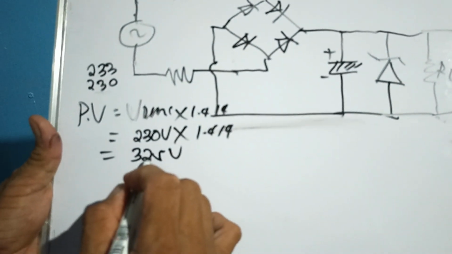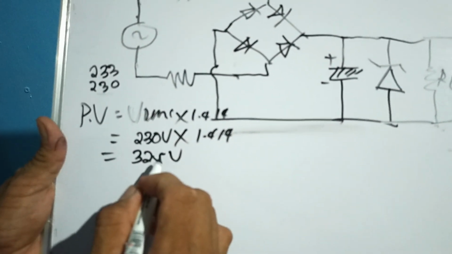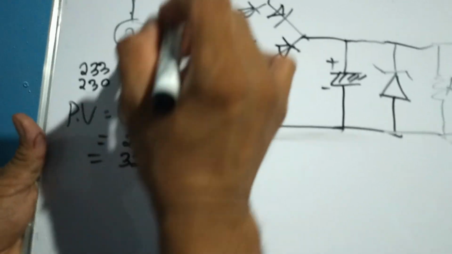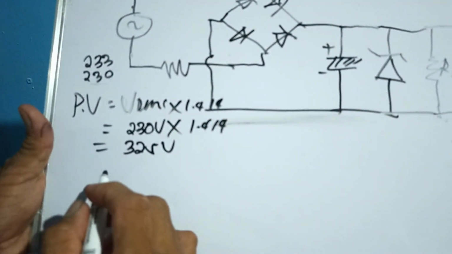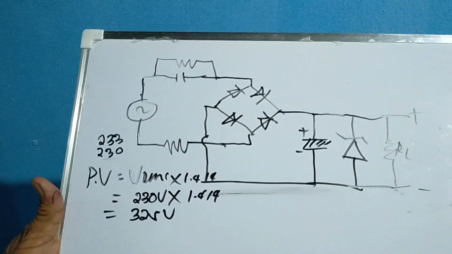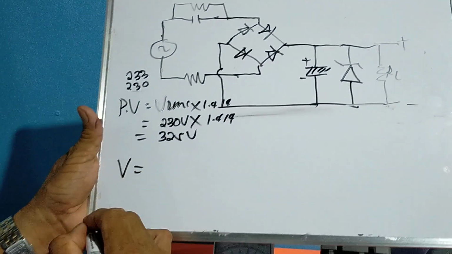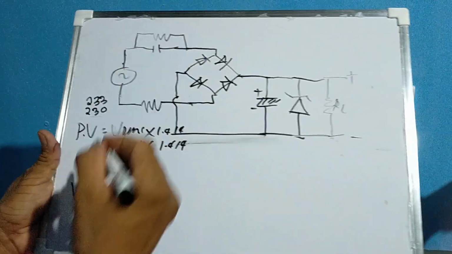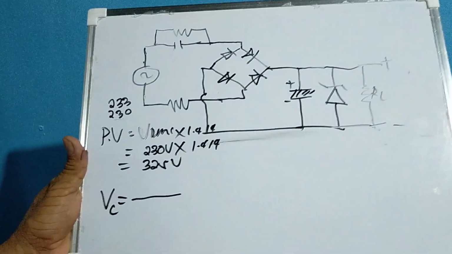Then, after you got the voltage peak value, we will now proceed to the voltage that will be dropped by this capacitor.